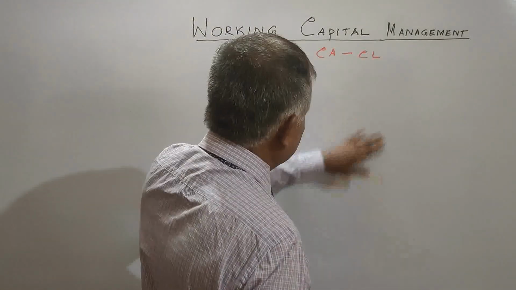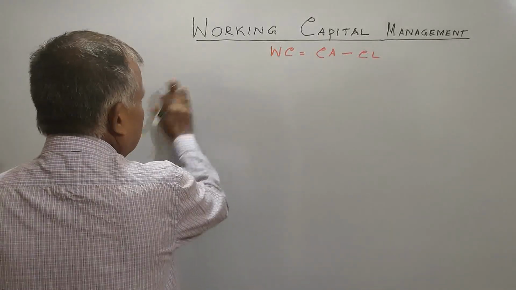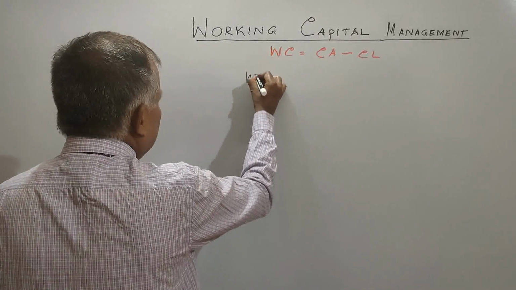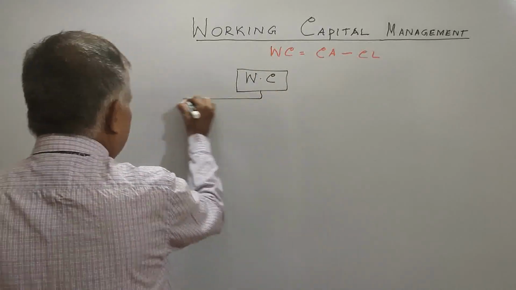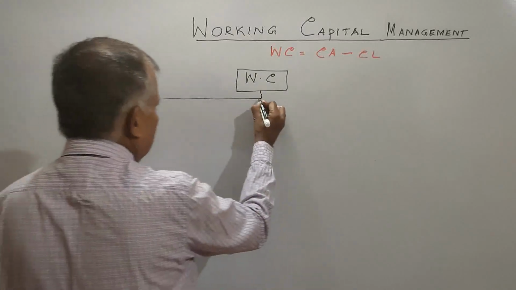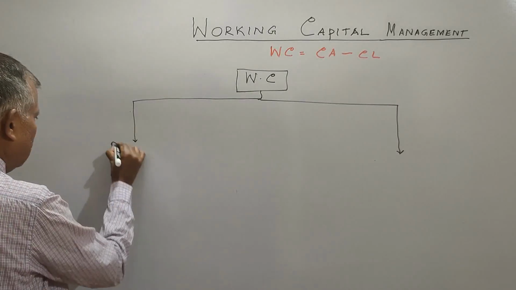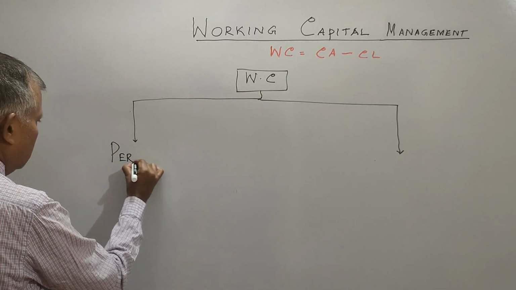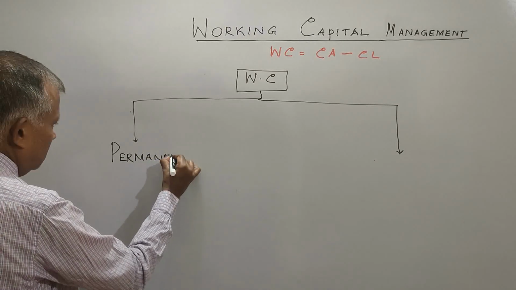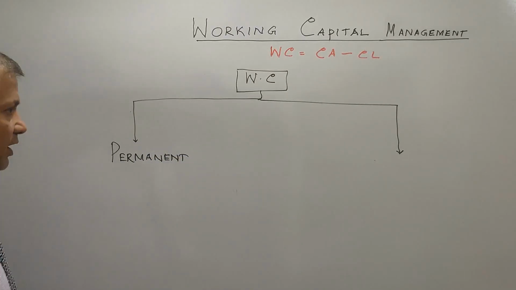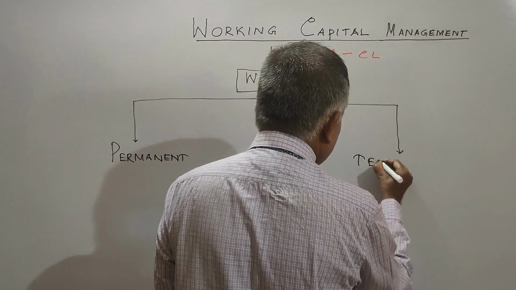If we take the types of working capital, generally working capital is of 2 types. One is your permanent working capital, and another one is your temporary working capital.